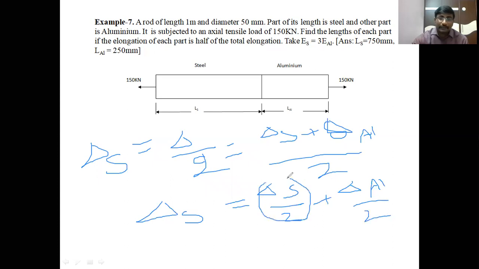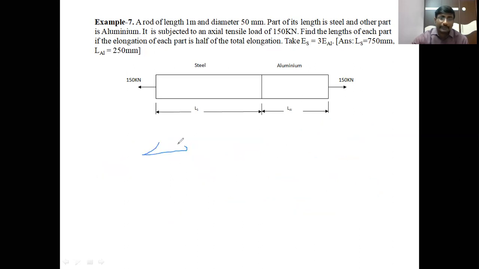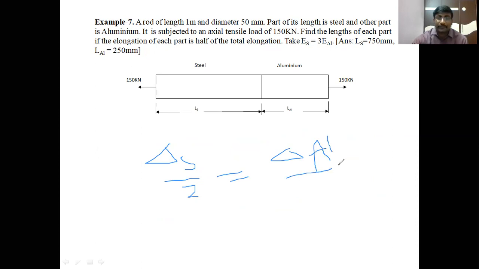So if we take this delta S by 2 on the left hand side, delta S minus delta S by 2 is delta S by 2, that is equal to delta AL by 2. It will come like this.